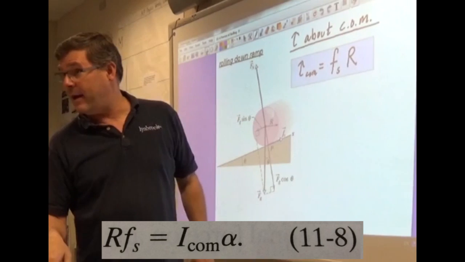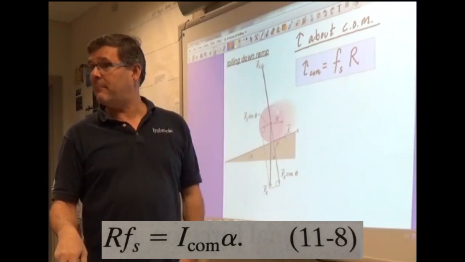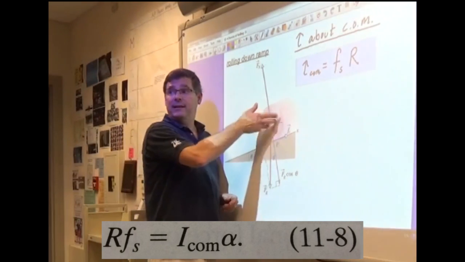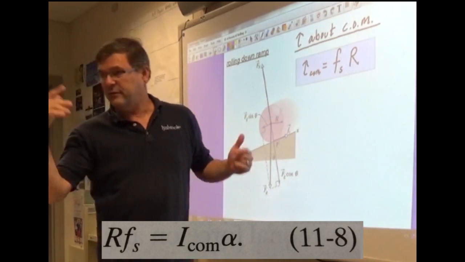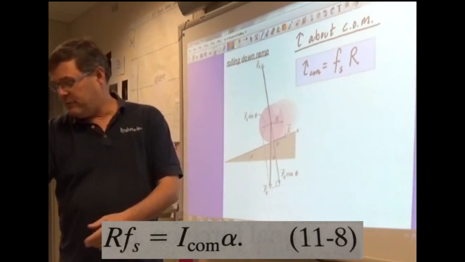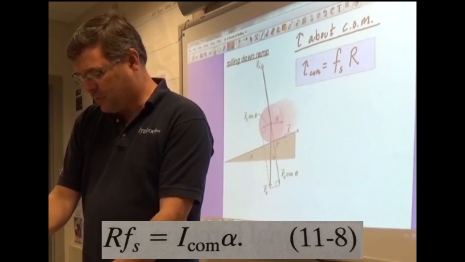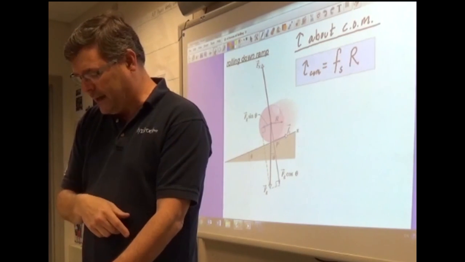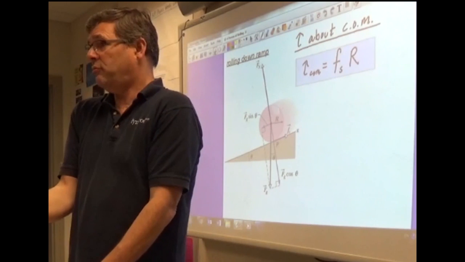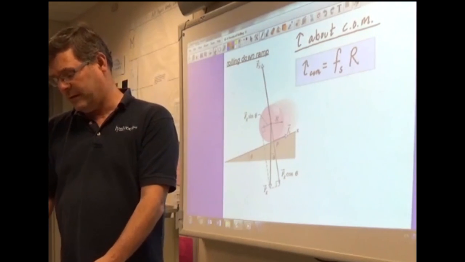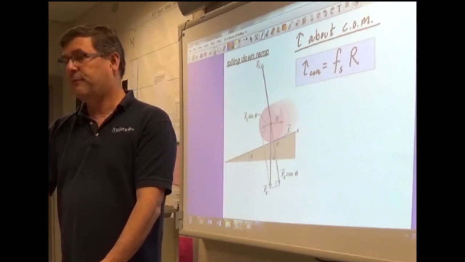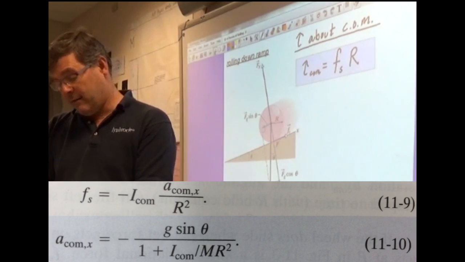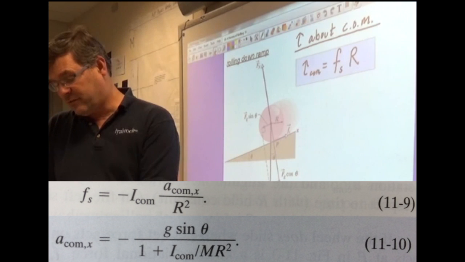So I_COM is the moment of inertia about the center of mass, because we're treating this as rotating about its center of mass. And alpha is the angular acceleration. We're not going to go through that yet, but turn the page to 280. They don't really show the analysis. I'm going to show it to you in a different way. But they come up with expressions for the frictional force and the acceleration of the center of mass.